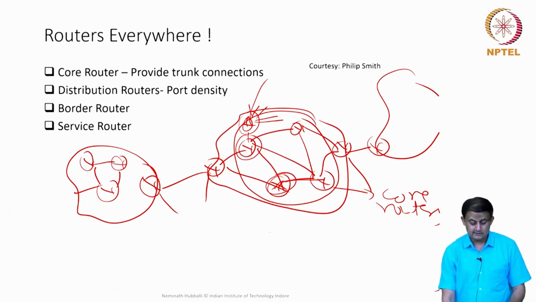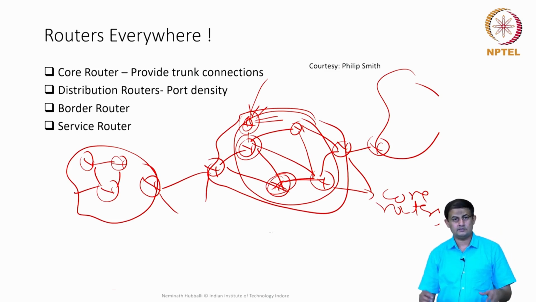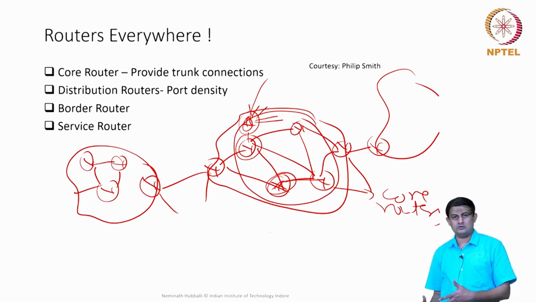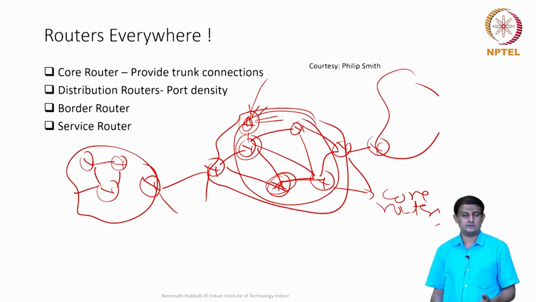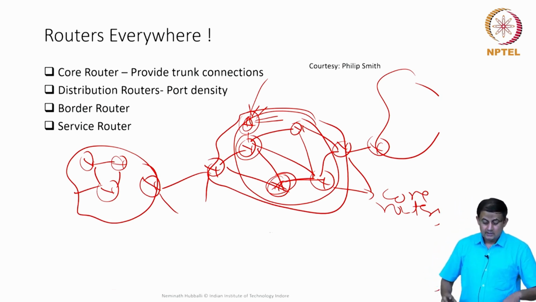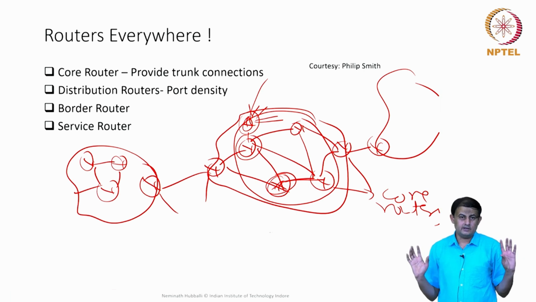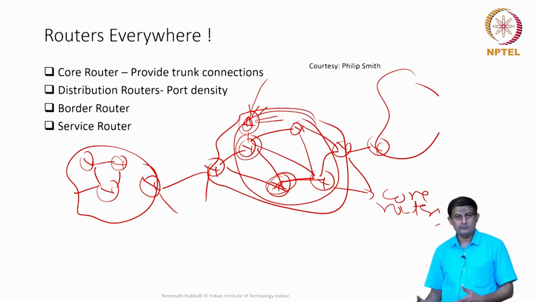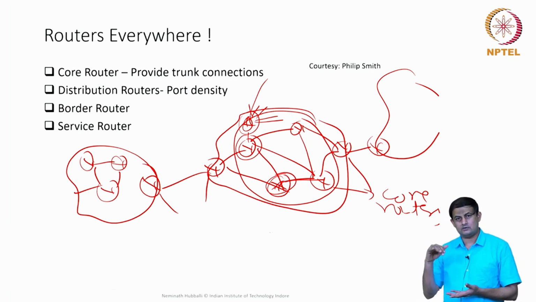But on the other hand, the edge router can do other operations like filtering, quality of service, traffic policing, keeping account of who is using how much data, the bandwidth consumption of the end users, and all these things can be done at the edge routers. So the point is, depending upon where exactly these routers are located and what functions they are supposed to do, based on that I need to customize the router's operations.